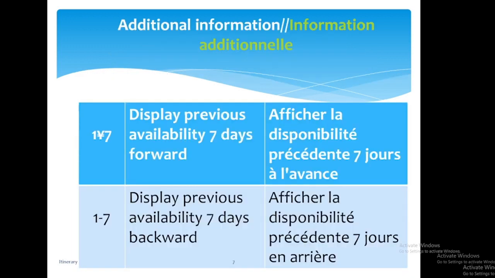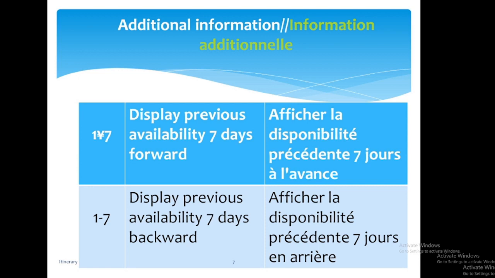Alright, when you display your availability, you may want to check for the next day. Checking for the next day is 1 Cross of Lorraine 1, but this time I'm checking for 7 days, so I put 1 Cross of Lorraine 7. If the passenger says you should check from 21 to 23, I'm starting with 23.